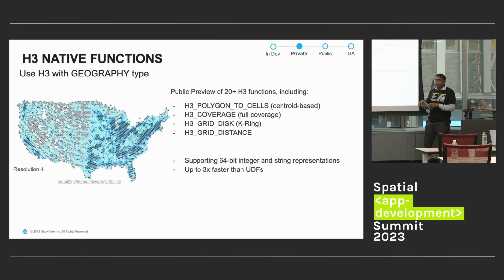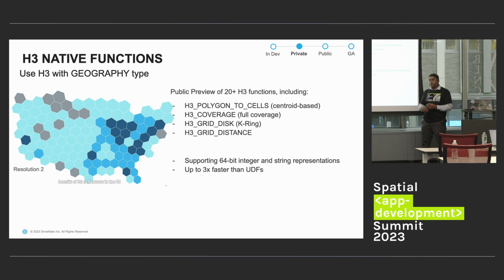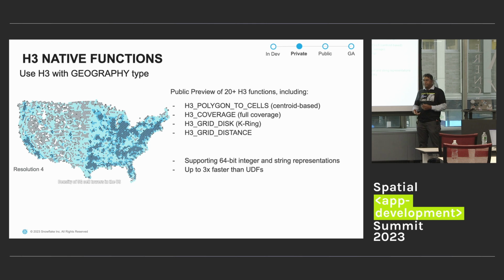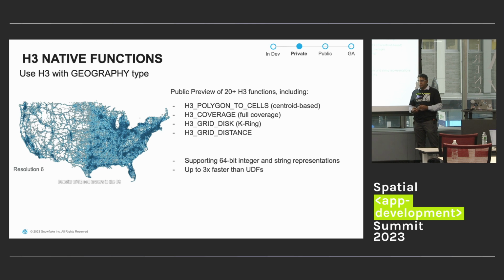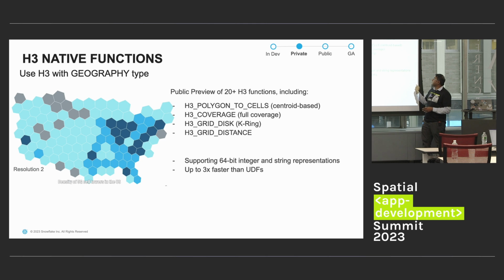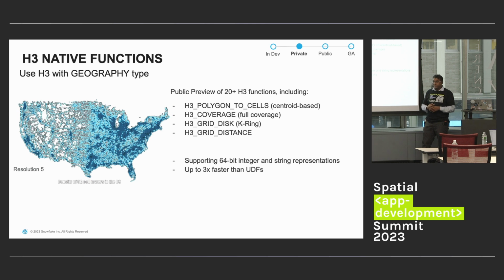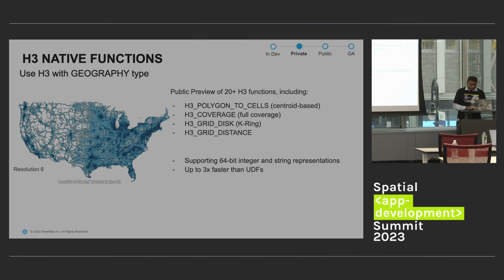This is not just about offering a function, but more so about how we store the data and how we access the data natively within the platform itself. That's where the benefit comes from. This is coming in private preview in the coming weeks, and hopefully it will be in public preview in the coming months.